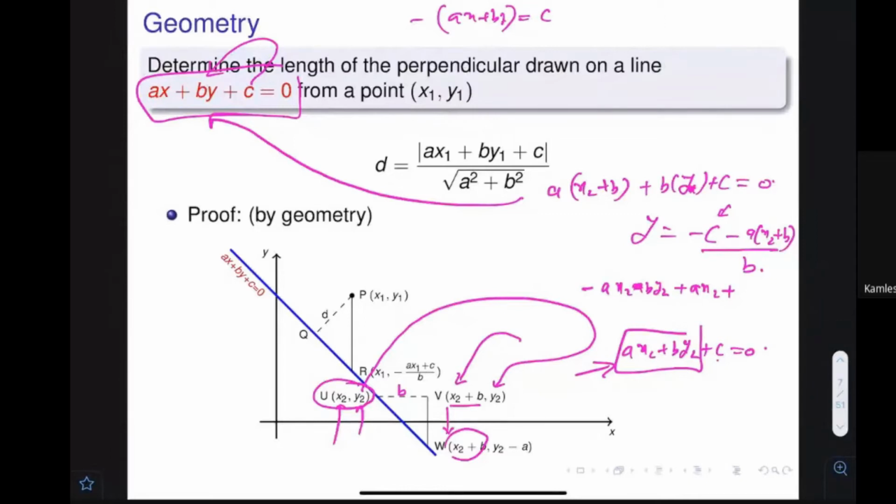Then the negation of ax2 plus by2, and since it was minus of c, it would be positive. Then minus of ax2, and b multiplied by a.